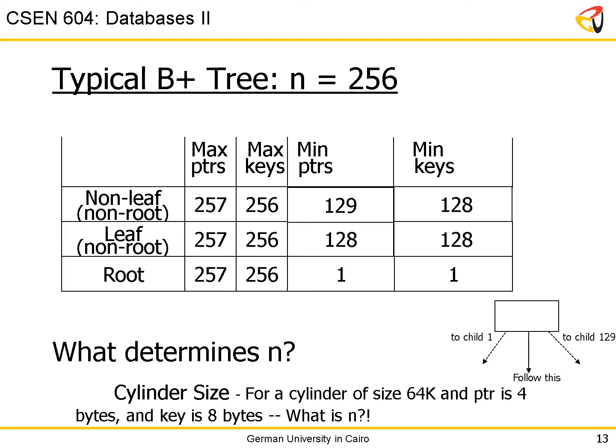So I already mentioned before that n in the B+ tree is actually quite big. How big is it? It's actually related to the cylinder size, the topic we discussed before in lecture 1.